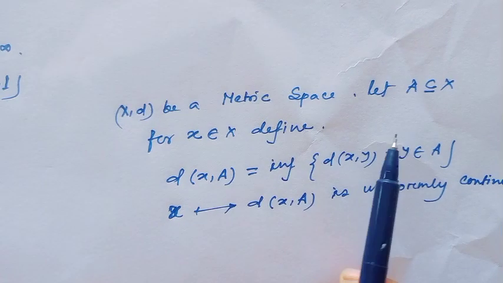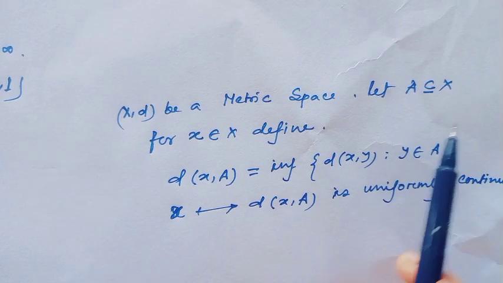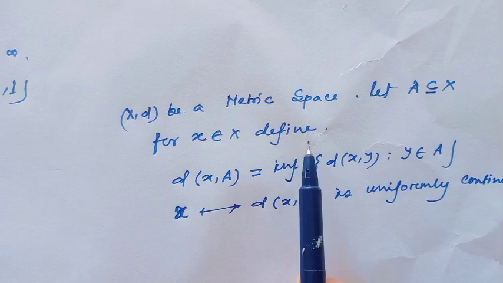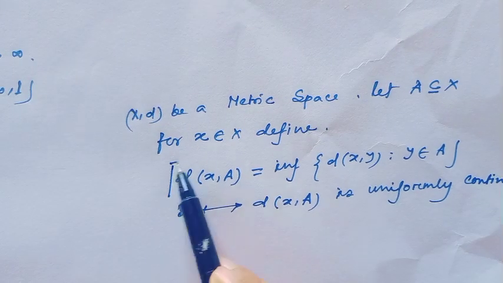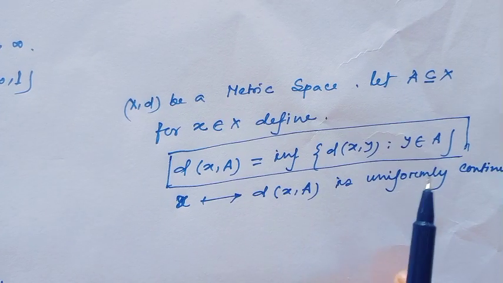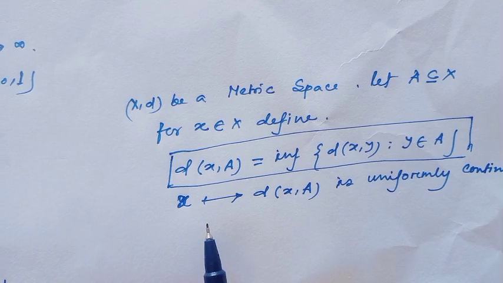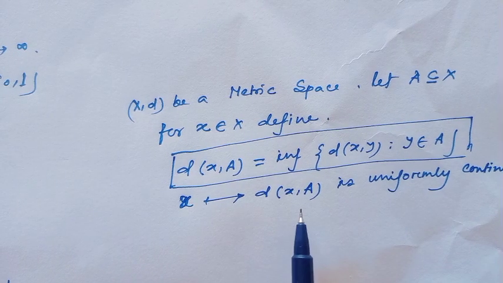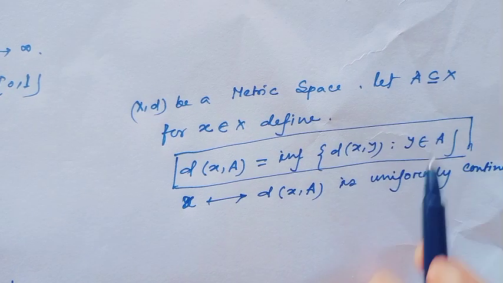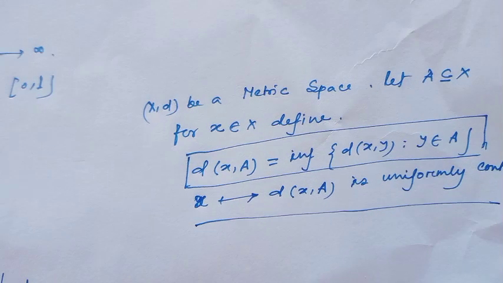Here X is a metric space and consider A, which is a subset of this metric space X, and for any x in the metric space X, define d(x) equal to the infimum of the distance d(x,y) such that y is in the set capital A. Then x maps to d(x,A). Here A is a subset of X. Prove that this type of mapping is uniformly continuous.